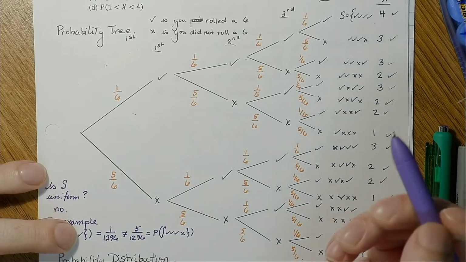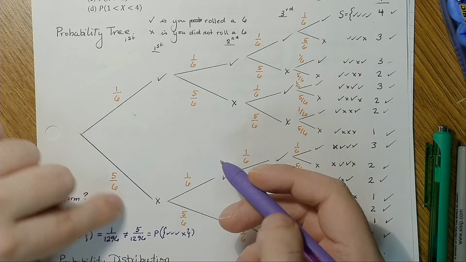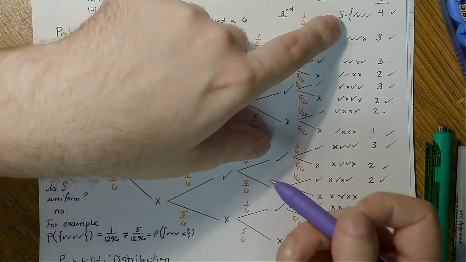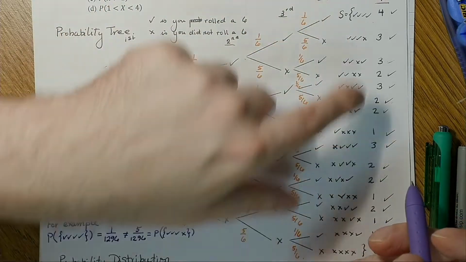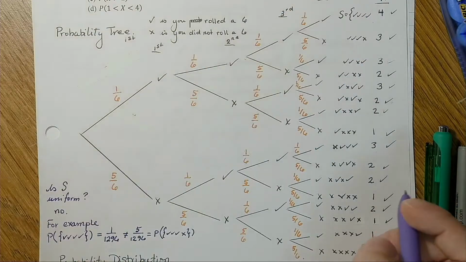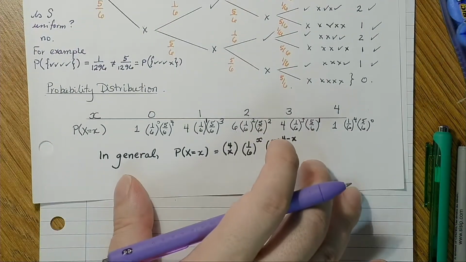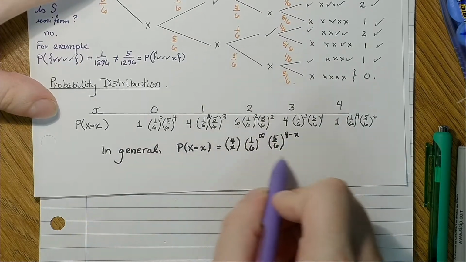You don't have to do this laborious task of constructing the tree, looking at all the outcomes, counting all the outcomes, and trying to construct the random variable. You can just go straight to writing down the general formula.